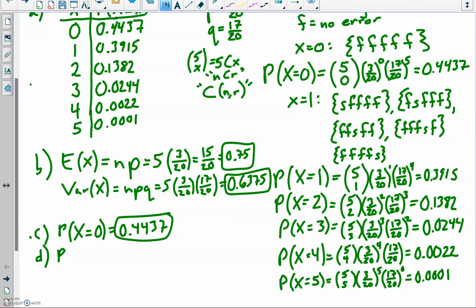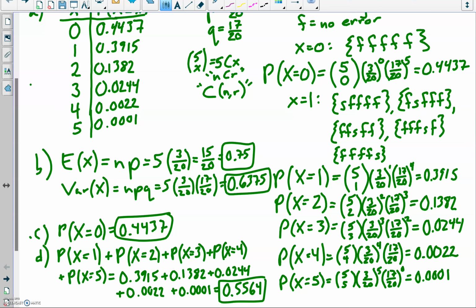So what we're going to do then, again, is add together 1 plus the probability of 2, 3, 4, and 5. And just pausing there to write this out, where you're just adding together the technically 5 probabilities that handle the cases 1 through 5, at least 1, then you get 0.5564.